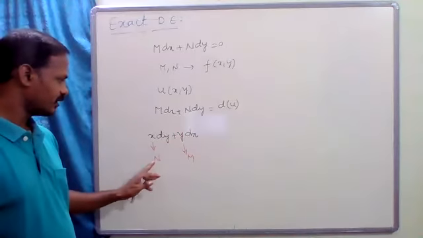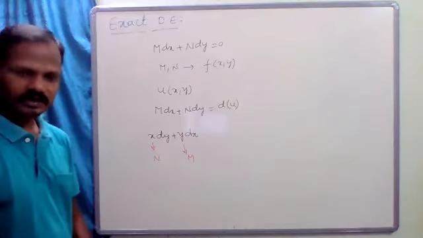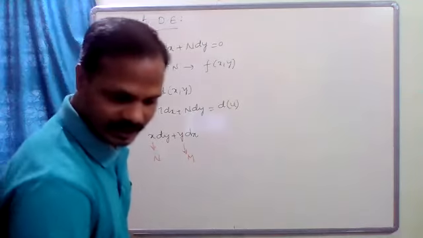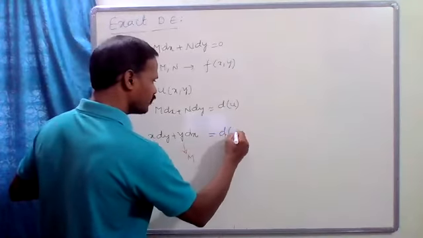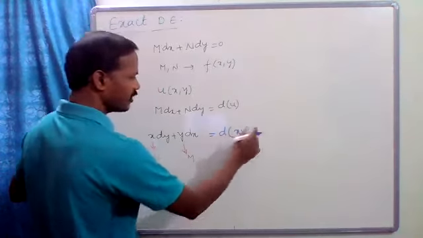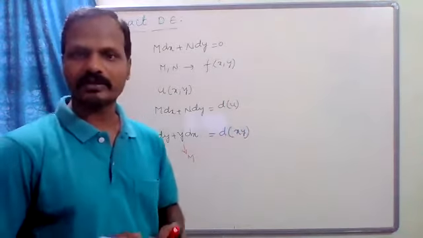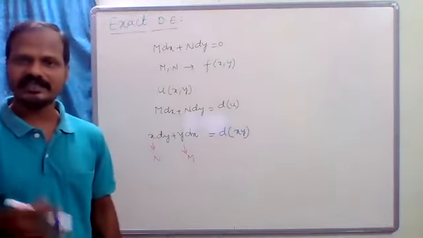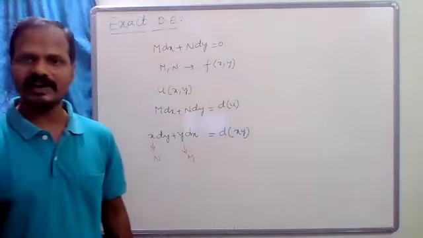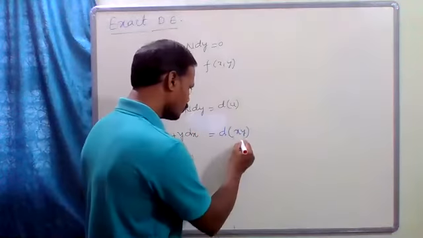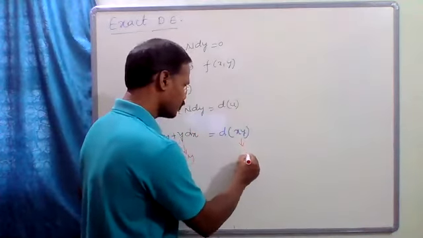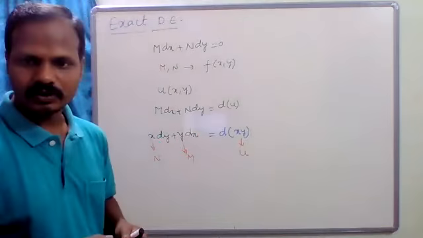Now this can be written as d of xy. Yes or no? Differential of xy by the uv method: d of xy is x dy plus y dx. x y dash plus y x dash. So here u is xy.